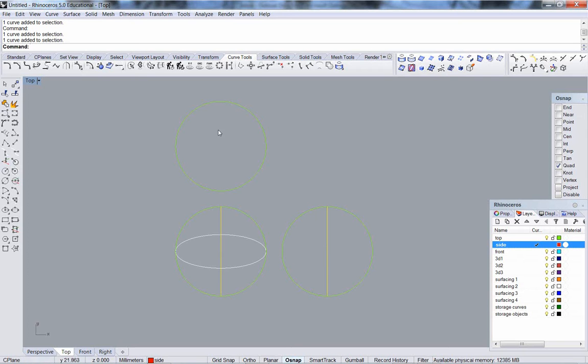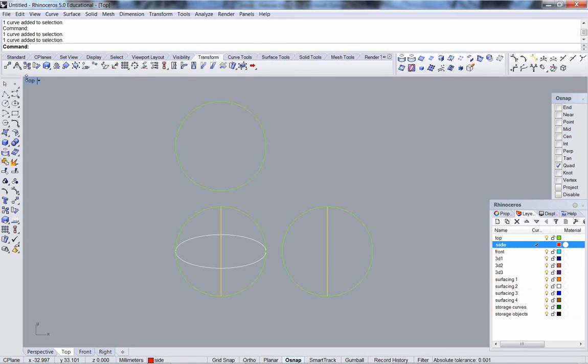The axes in the top view are not. The z-axis in the top view, it's coming straight at you.